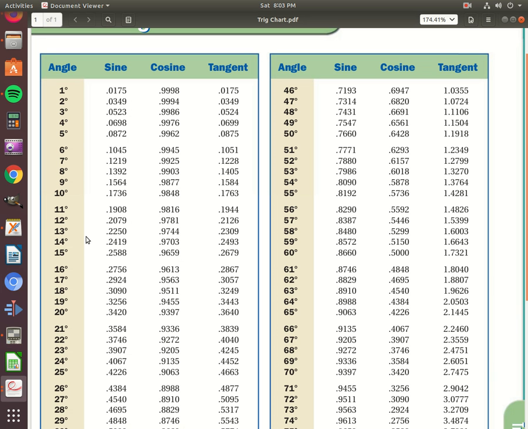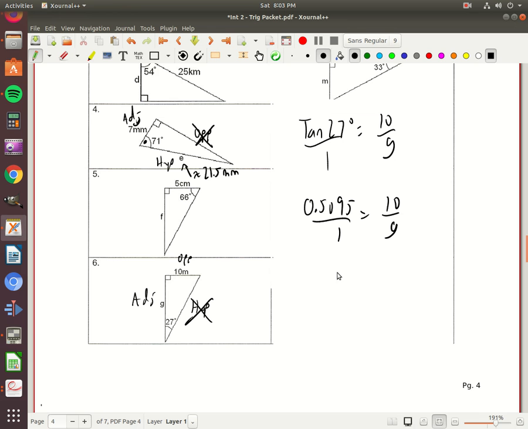So the tangent of 27 degrees, you can see, is right there, 0.5095. The tangent of 27 degrees is 0.5095. So everything is okay. Whether you use the calculator or the trig chart. I just don't think they let you use the trig chart on the SAT, which is why I think it's good to know how to do it on a calculator.